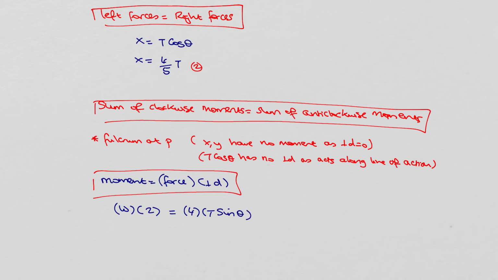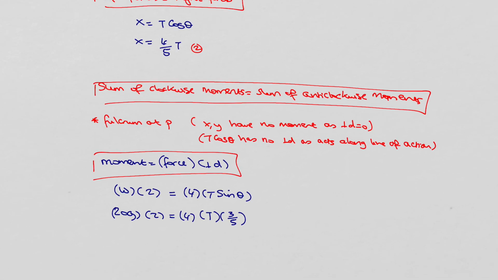But of course we know that W is the weight, which is 20g. And we know that sine theta is 3/5. Well then, by simply rearranging there, I have 40g is equal to 12/5 T. And therefore I can say the tension must be 50g/3.